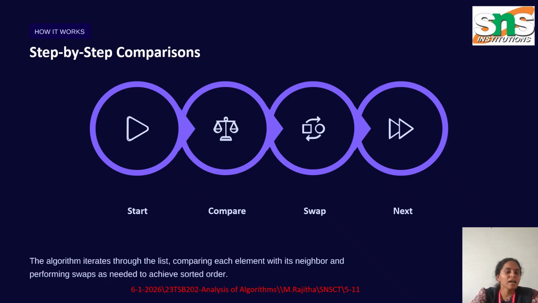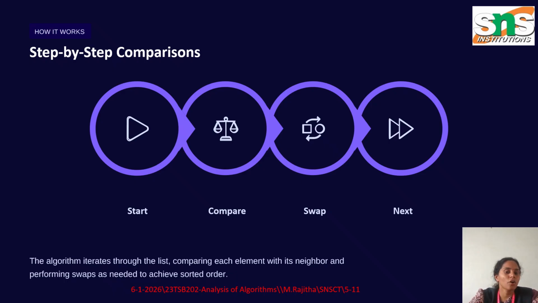How bubble sort works step by step. Let us understand how bubble sort works in a simple way. The algorithm starts from the first element of the list. It compares the first element with the next element. If the first element is greater, it swaps them. Then it moves to the next pair and repeats the same process. At the end of the first pass, the largest element reaches the last position.